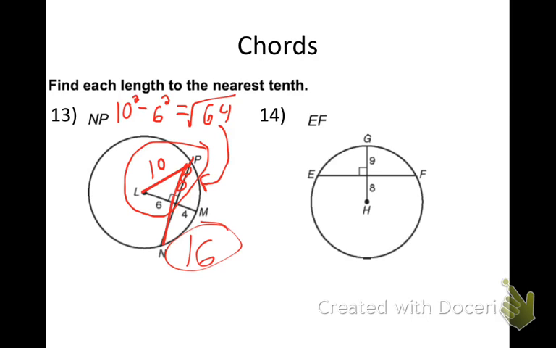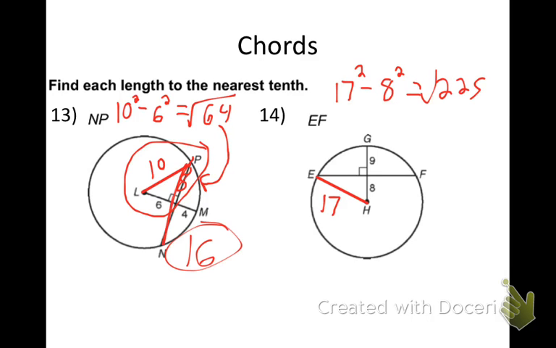Let's look at 14 here. EF, same thing here. I know the short segment here is 8, but what is GH? GH is a radius. So the radius from H to E has a distance of what? 17. So I would do 17 squared minus 8 squared. And that would get me 225.